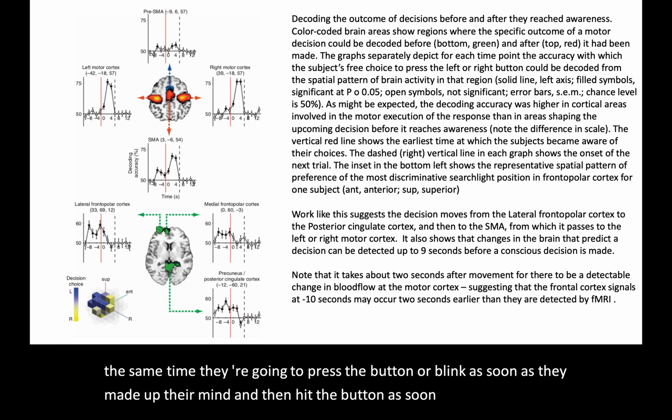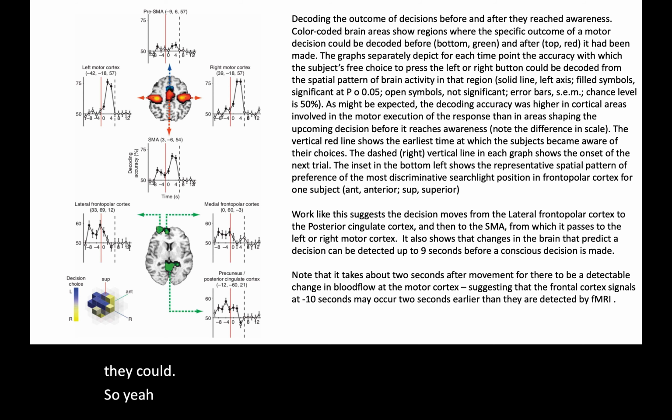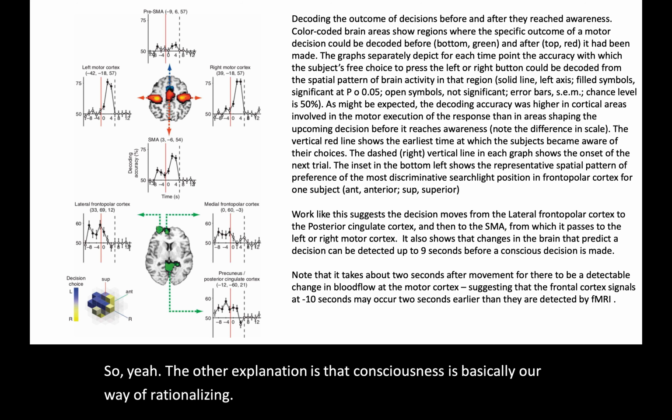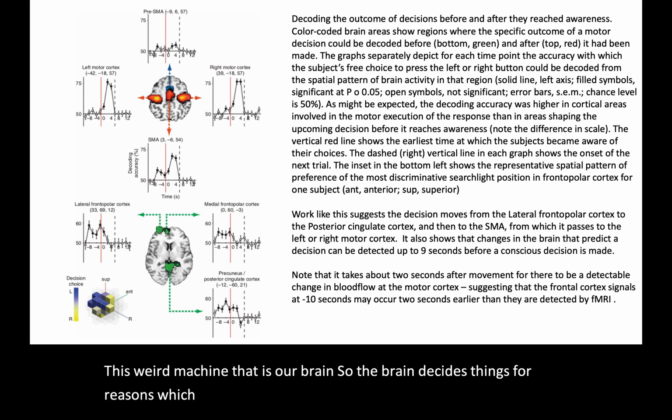And so, the other explanation is that consciousness is basically our way of rationalizing this weird machine that is our brain. So the brain decides things for reasons which are utterly impenetrable to someone with a brain like yourself or me.